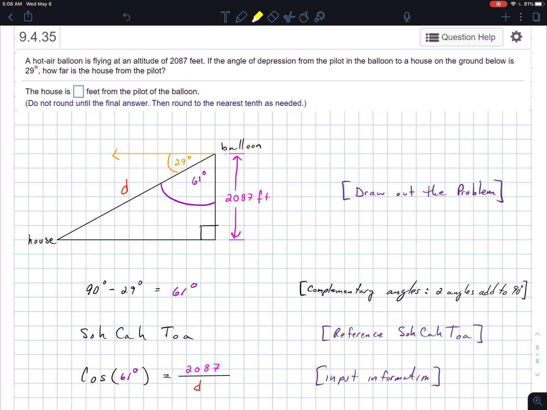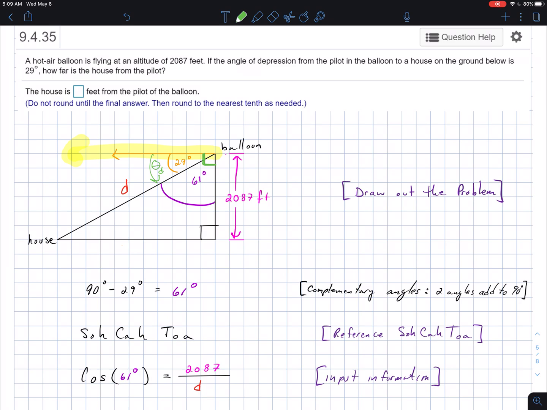So, the angle of depression, remember, is looking out at the horizon and then swinging down, right? So, this is an angle of depression. Okay? So, in order to get an angle that I could use, drawing out a horizontal and then drawing the angle of depression allows us now to make this definitely a right angle here.